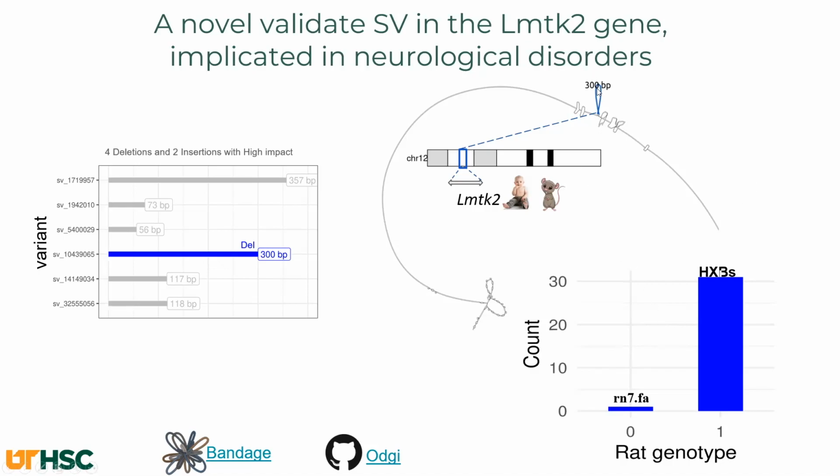This is an example. This is the structural variation that I extracted from the graph genome, the pangenome. And this is the location of this deletion that is present in this gene that is linked with Parkinson's disease, Alzheimer's disease, and many neurological disorders.